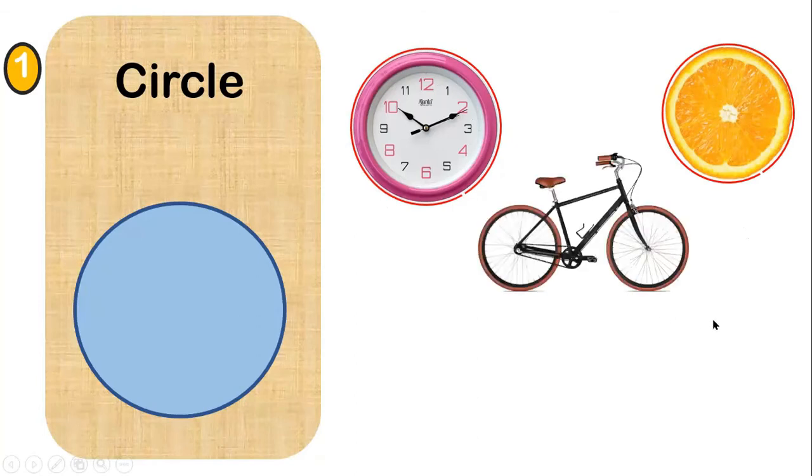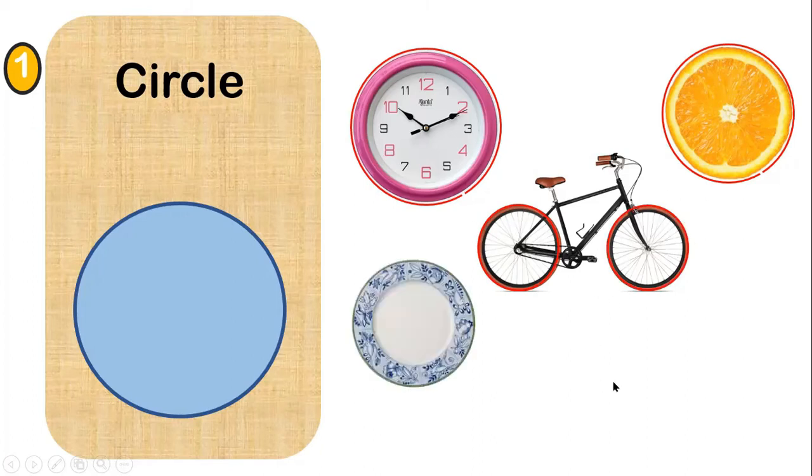Okay, look at this bicycle. Look at the wheels. You'll see that we can see a circle, and even here we can see a circle. All right, look at this plate. You can see that it is in form of a circle.